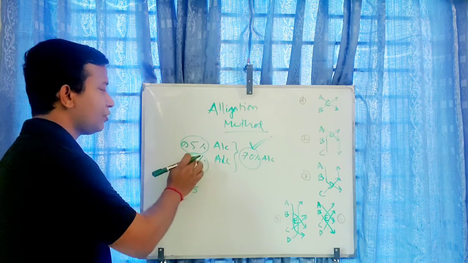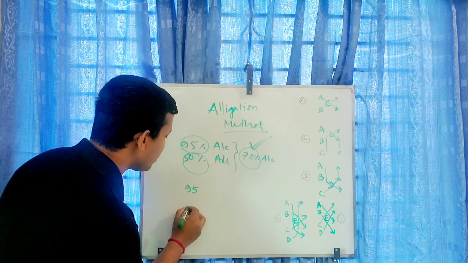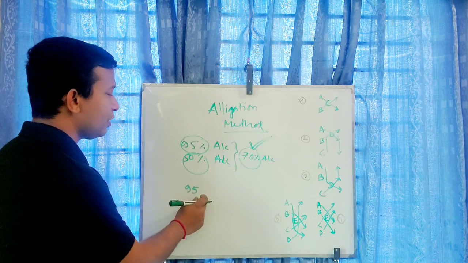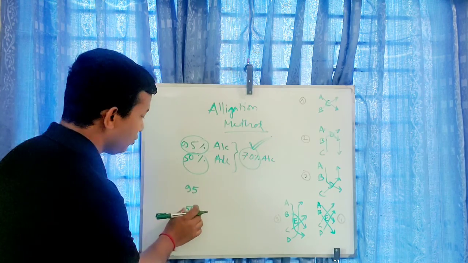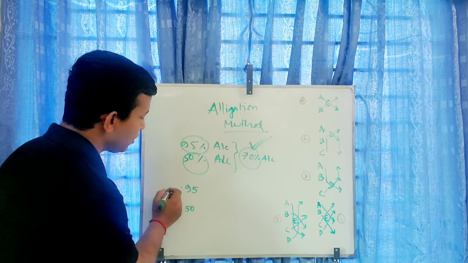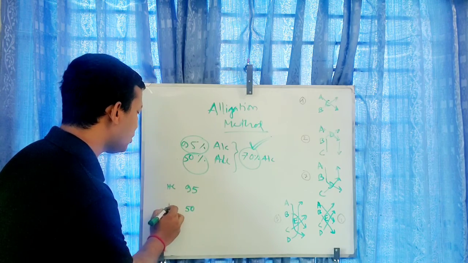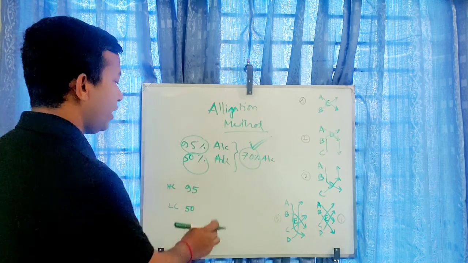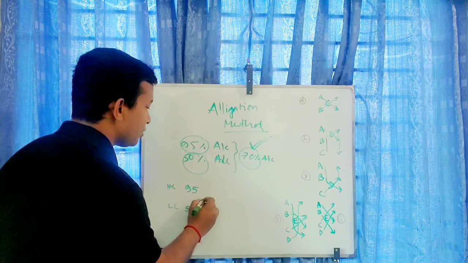In the bottom we have to write the lower concentration. In between, this is going to be a kind of tic-tac-toe diagram. And at this place we have to write the desired concentration, which is 70%.